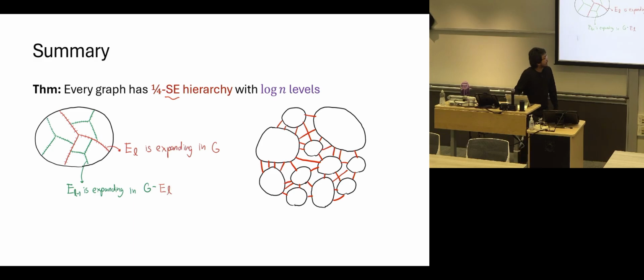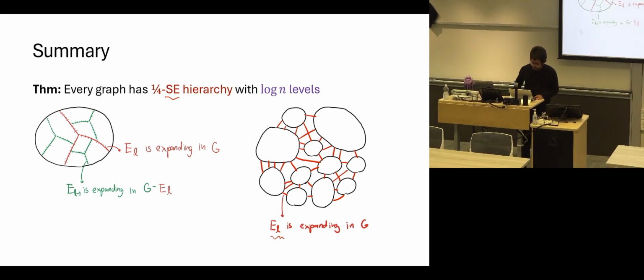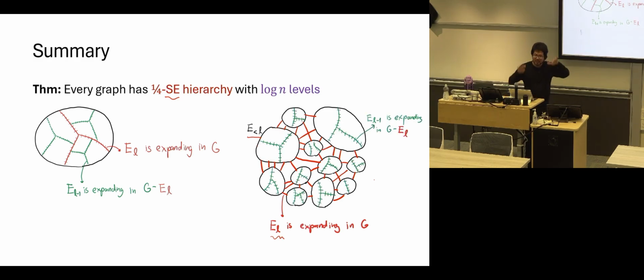Given any graph, there's going to be the separator EL that is expanding in G. And each of these components consists of edges of level less than L. In each of these components, there's going to be some separator of level L-1, and so on.